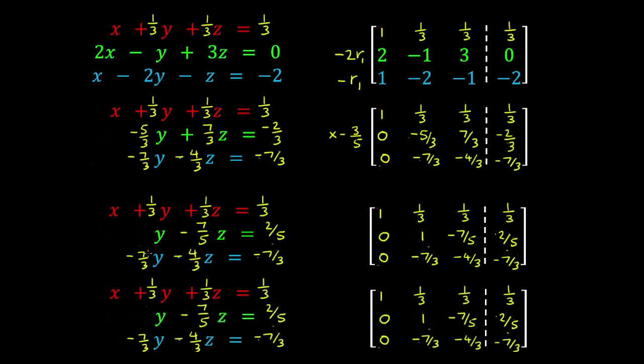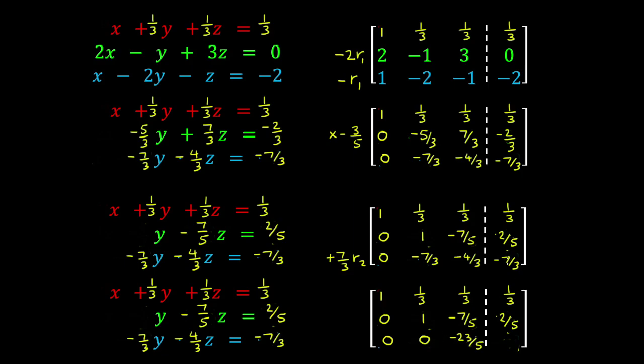So we want to eliminate y from the third equation. So we're going to add 7/3 multiplied by row 2 to the third row. So we have 0 plus 7/3 by 0, and minus 7/3 plus 7/3 is 0, and then minus 4/3 minus 7/3 by 7/5. So that would get you minus 23 on 5.